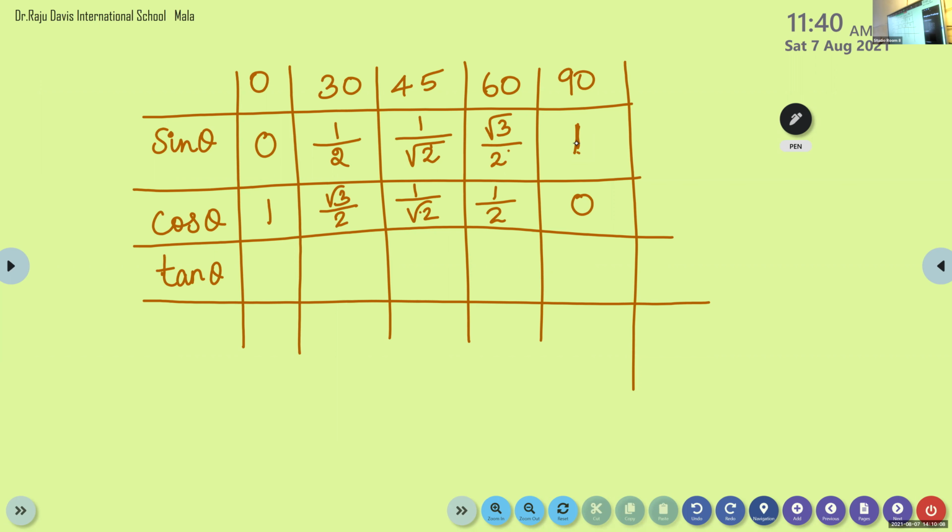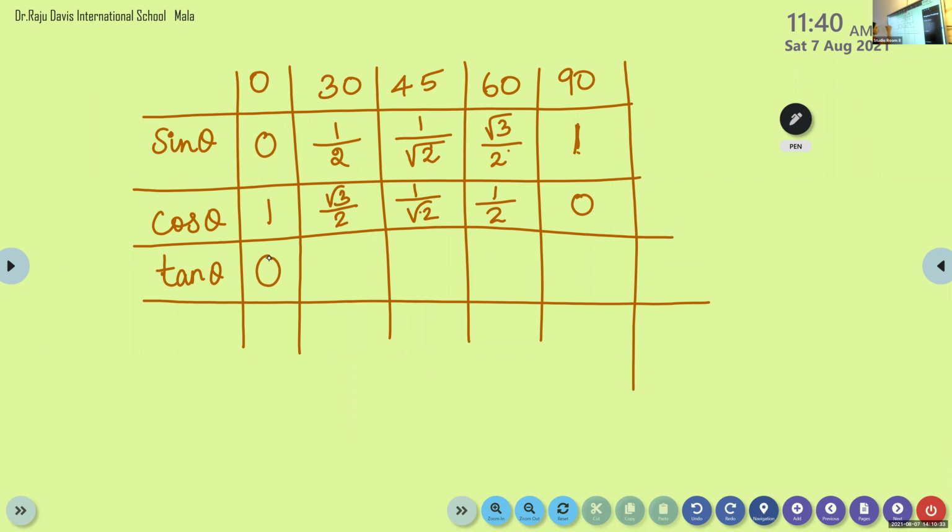Now what about tan? Tan is sin by cos. So what is 0 by 1? 0 by anything is 0. If you divide 0 by any number, we will get 0. What about the next one? 1 by 2 divided by root 3 by 2.